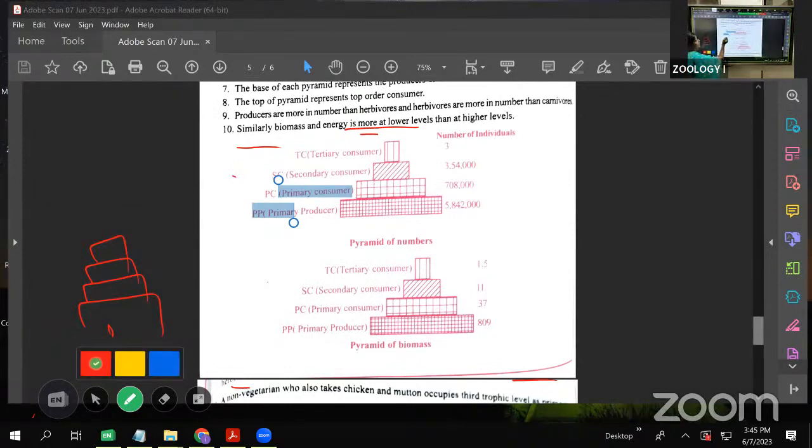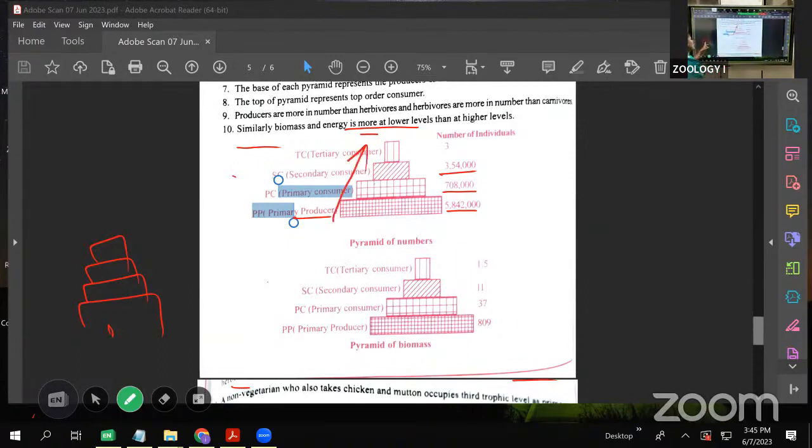See this one, the producers. How many are there? Here something like 5 lakhs are there. Here 708,000 is there, and they are decreasing in number. The primary producers, primary consumers, secondary consumers and tertiary consumers are decreasing in number.